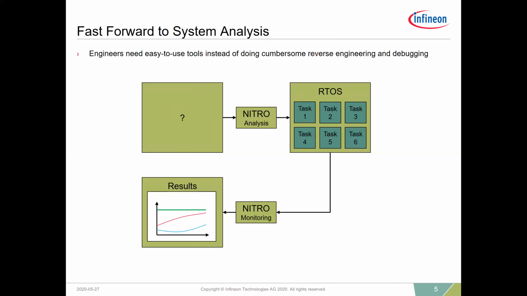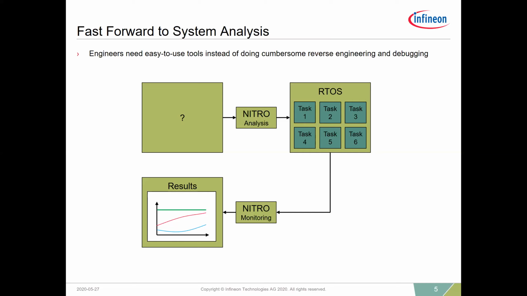Imagine you have a black box system and something goes wrong there, and you know there is probably an RTOS, but you don't know which RTOS or which tasks are running on that RTOS, but you just want to have a clean view on the system.